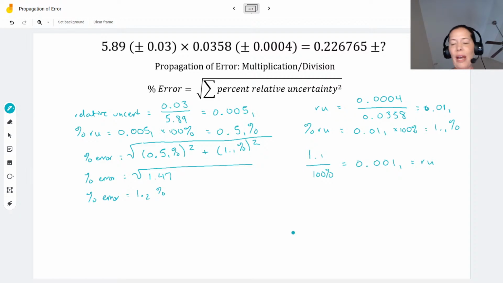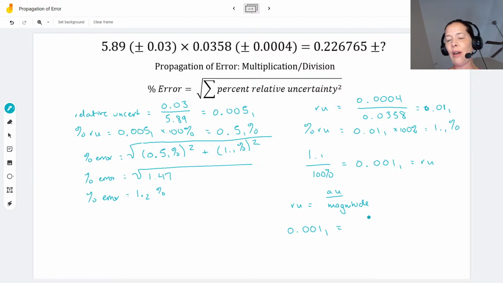And then to get back to my absolute, I'm going to take my relative uncertainty. Remember, this is the absolute uncertainty over the magnitude of the measurement, so I just abbreviated that a little bit. This is where my 0.0011 goes.